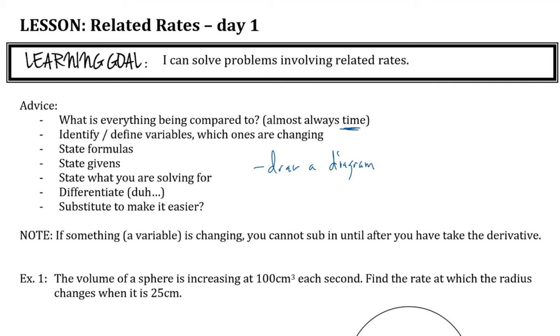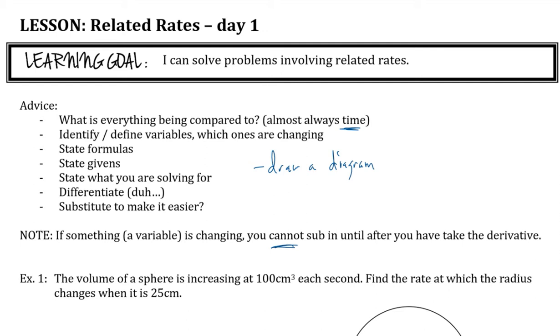Now, here's a really important note. Your variables all represent things that could take on different values. If it's changing, you cannot sub in for that variable until after you have taken the derivative.